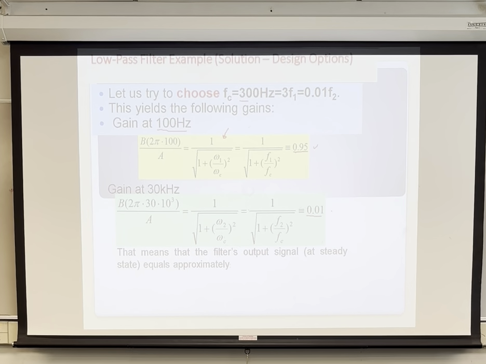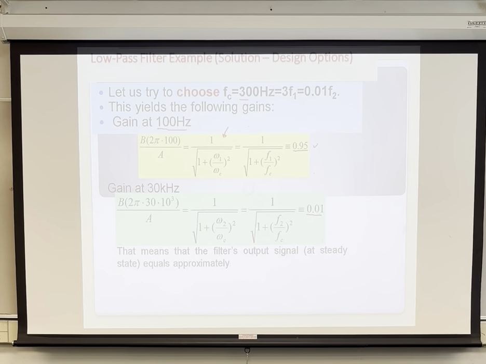It's got to be a number much smaller than 0.95, and it's going to be negative. Now 20 log of 0.95 is approximately 1. So 20 log of 0.01 is going to be a large negative. 20 log of 0.01, correct?